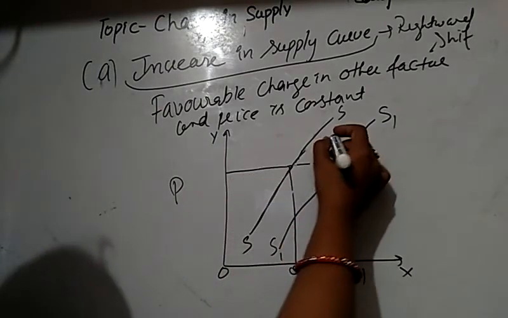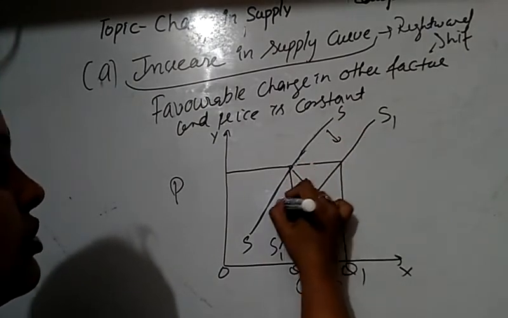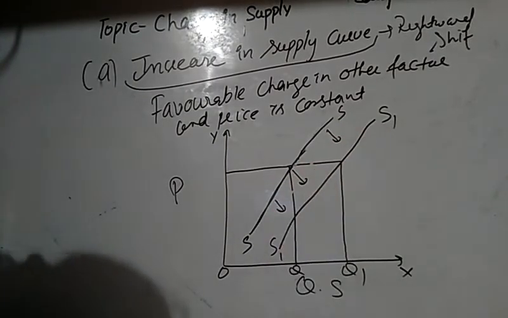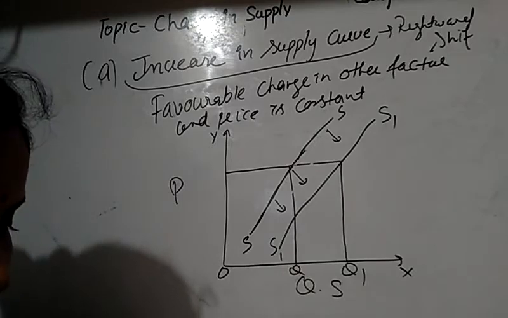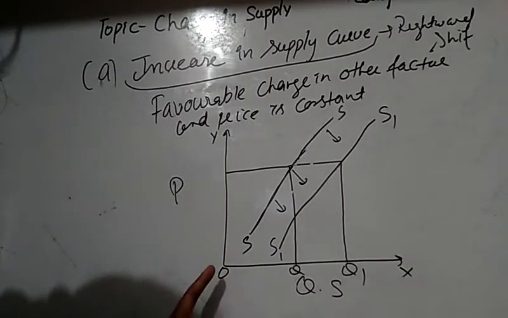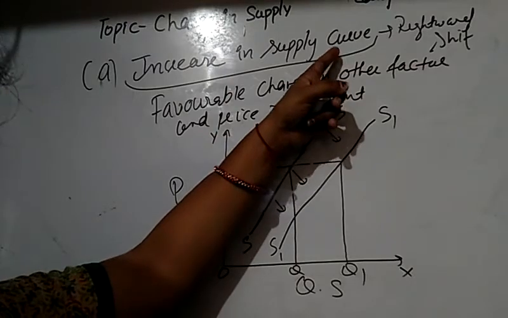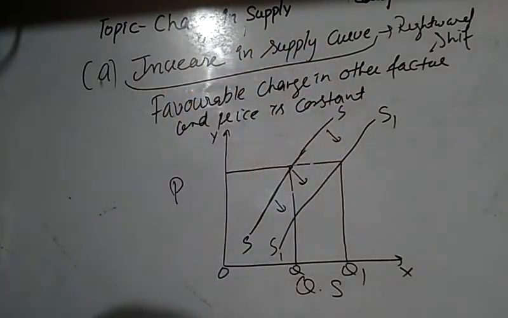So in this case, the supply curve shifts from its position to the right. This is called a shift in supply curve by increase in supply. Okay, students.